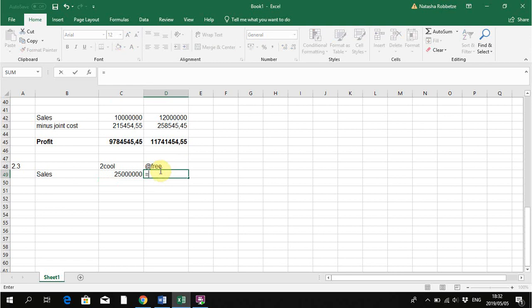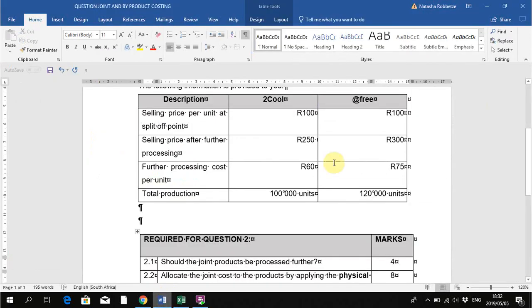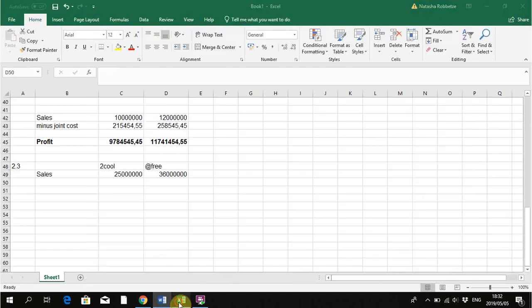For free, I'm going to say it's 300 Rand, I'm guessing, at 120,000 units. Just want to check. Yes, 250 and 300. So they are my sales. Then I'm going to minus from that my cost to process.